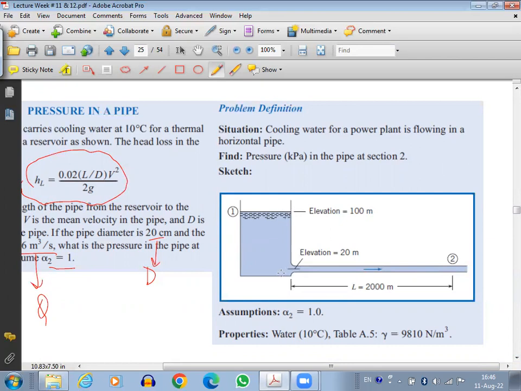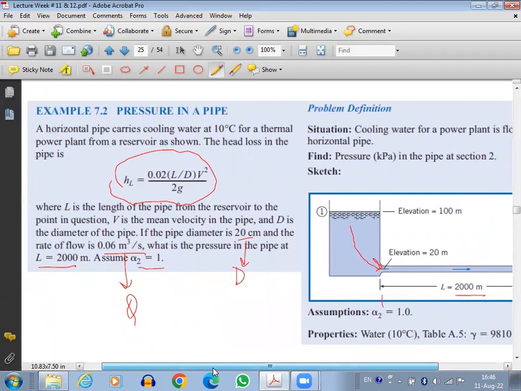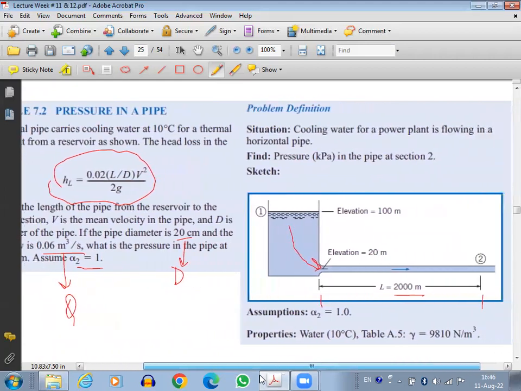Then near the bottom of the container, at an elevation of 20 meter, a pipe is connected, which takes the water from the container to a distance of 2000 meter. Length is 2000 meter. What do we need to find out? We need to find the pressure in the pipe at L equals 2000 meter.